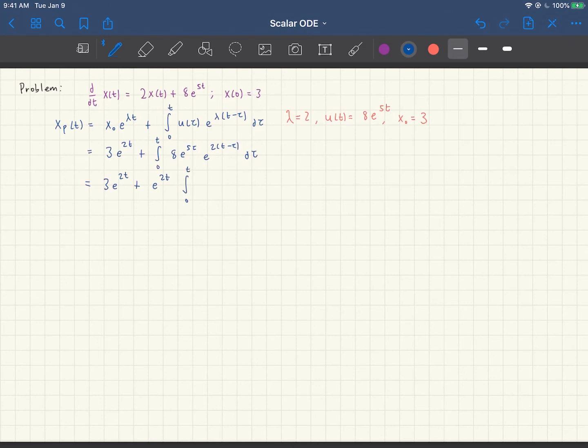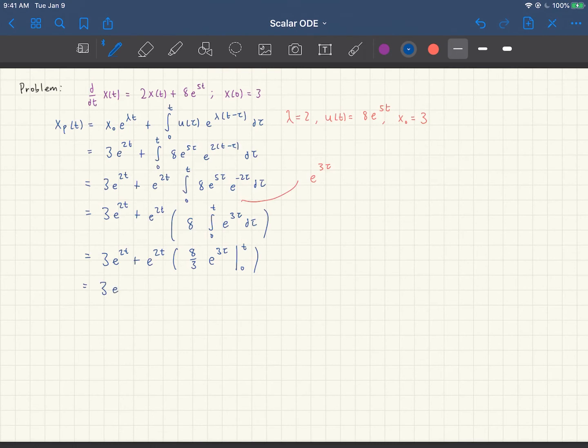We get the integral from 0 to t, 8e to the 5 tau, e to the minus 2 tau, d tau. And this is just equal to e to the 3 tau. So if we take the actual integral, we'll end up with 8, the integral from 0 to t, e to the 3 tau d tau. So then we'll end up with 8 over 3 e to the 3 tau from 0 to t.